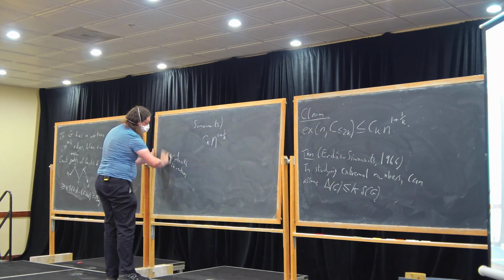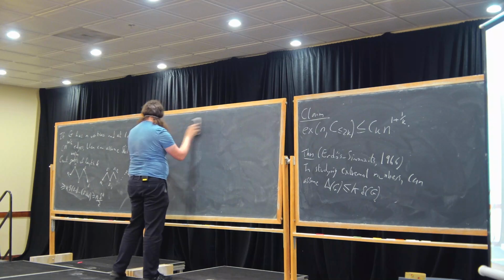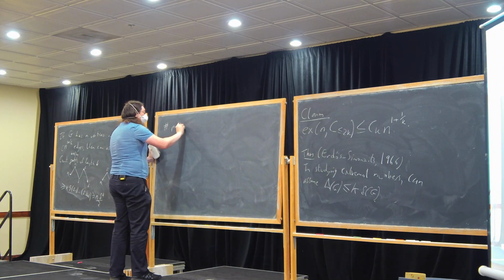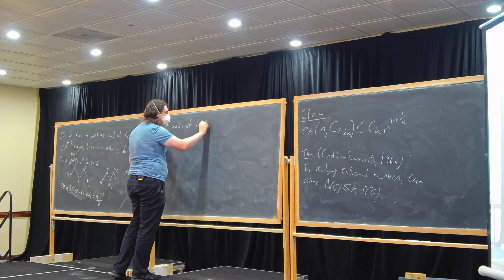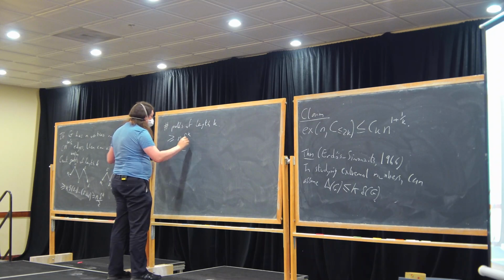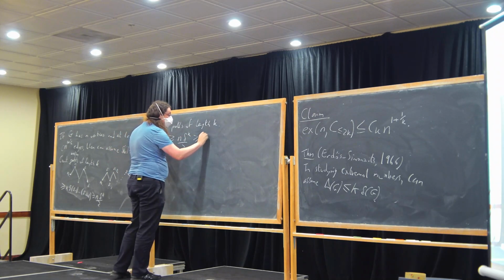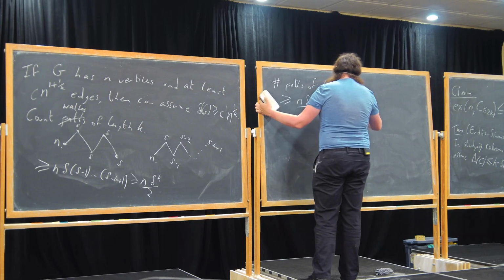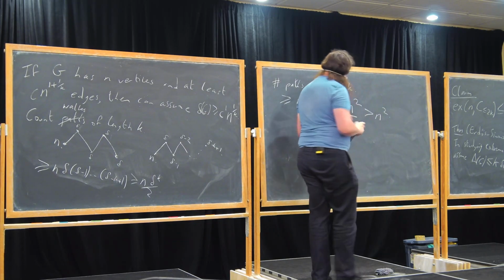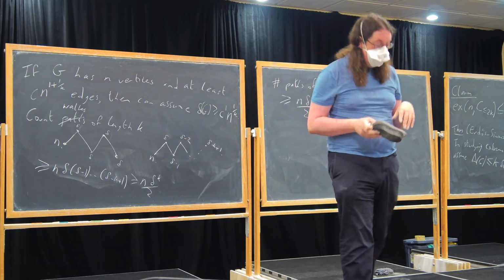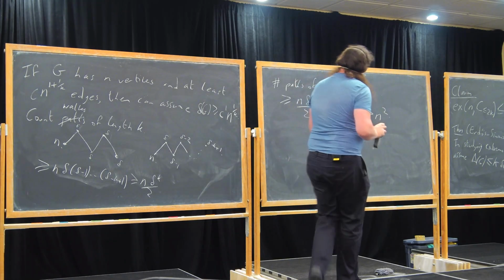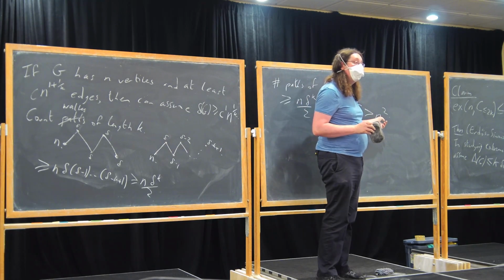So actually it turns out that the number of paths of length k is at least n delta to the k over 2. And just sticking in this bound, that's at least c prime to the k times n squared over 2, which is bigger than n squared if c prime is large enough. Okay, so the whole reason I did this was to get a lot of paths. So I want at least n squared paths of this variety.